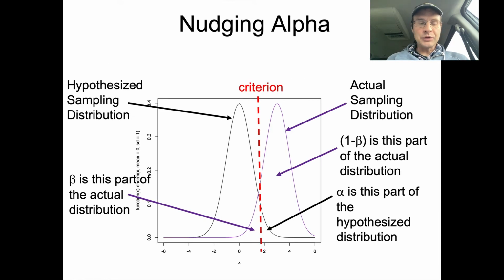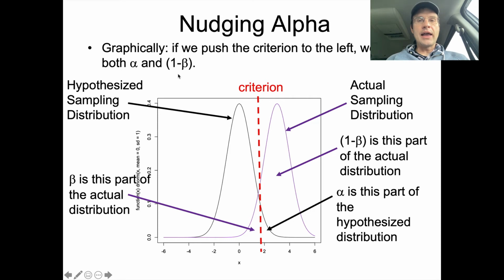We'll take a look at what this means in graphical form here. So I've got all of our little parts of the distributions laid out here as we've seen before. And basically what we're talking about is shifting this criterion one way or another on this x-axis. So if we push it to the left, and normally I do this on the board, but hopefully you can imagine this whole red line is going to move in this direction over here towards the hypothesized mean.